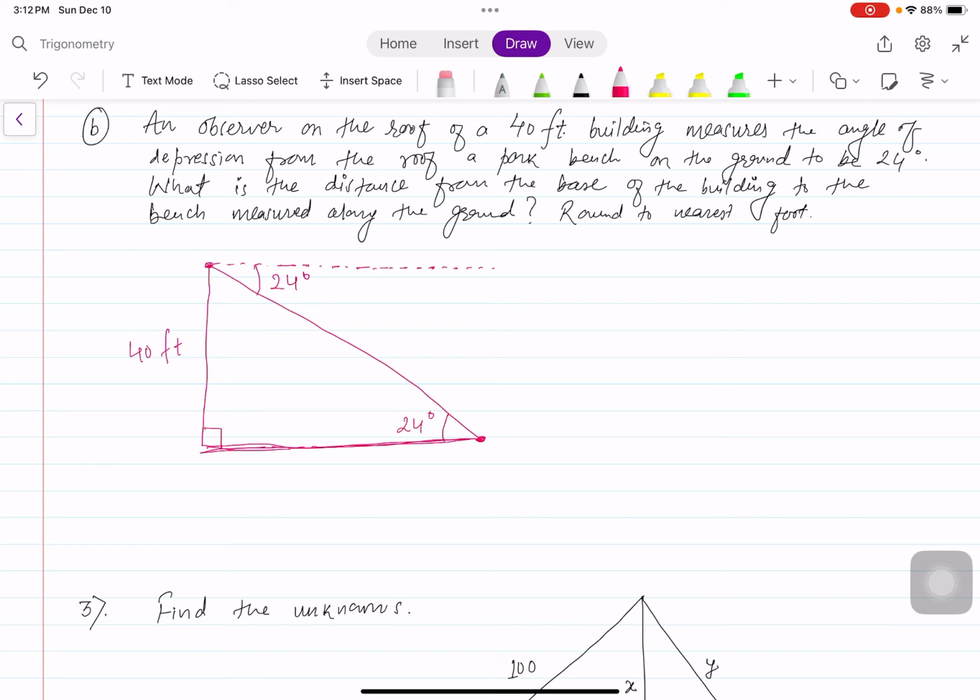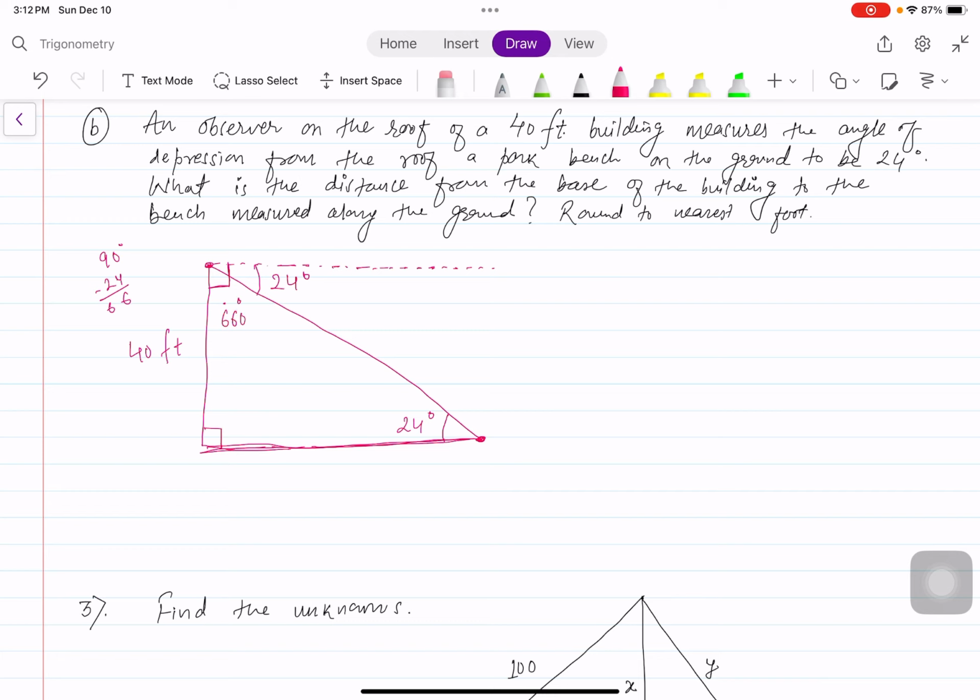Or if you don't know about alternate angles, you can assume the whole thing is 90 degrees, and since this is 24 degrees, you can find this angle by subtracting it from 90 degrees. So 90 minus 24 is 66 degrees.